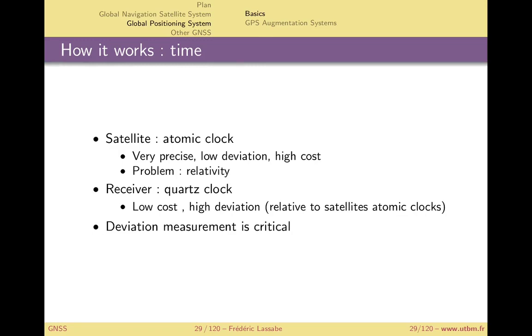On the other hand, the receiver has a quartz clock. It's not expensive, of course, because you put this in sometimes €1 devices, and it's not precise compared to the satellite's atomic clocks. So being able to measure the deviation and fix it is critical.